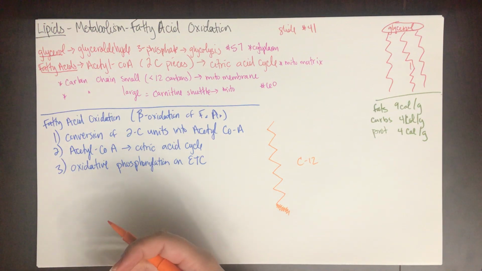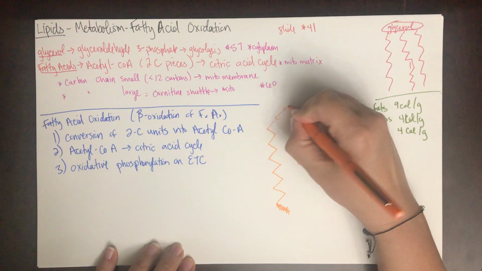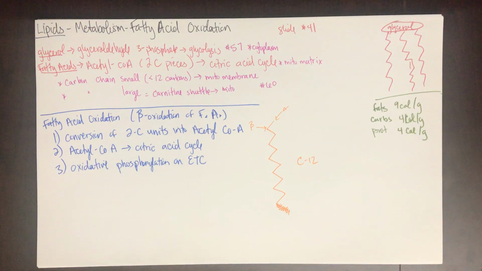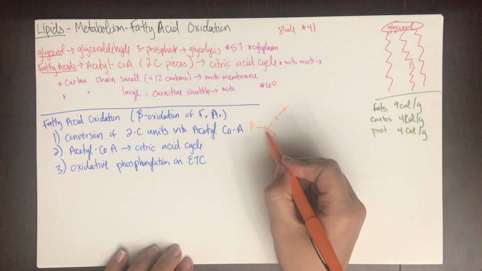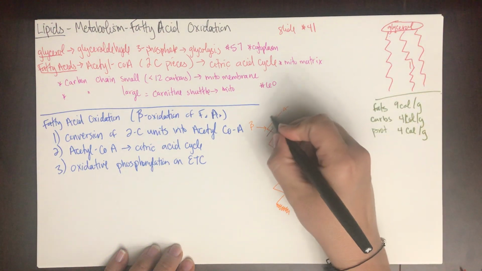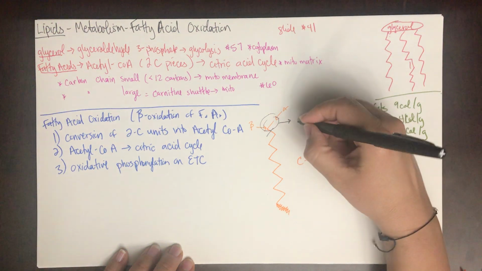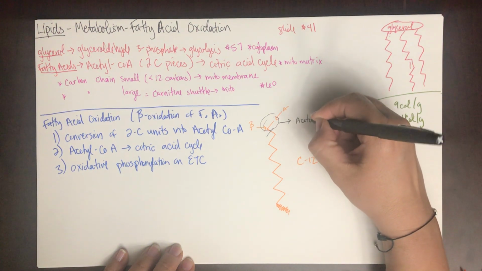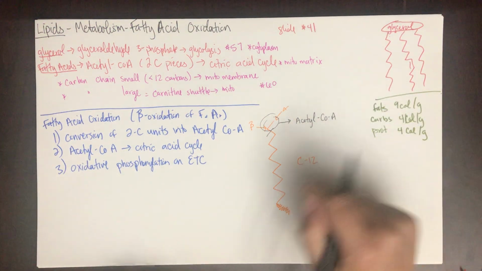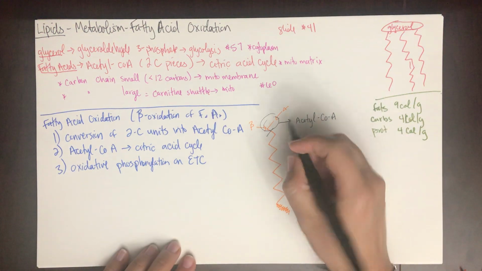So what happens is, if this is the first carbon, this right here would be the alpha carbon, this right here would be the beta carbon, and then it goes all the way down. So this piece right here would be cleaved, and now this 2 carbon piece is going to go off to be converted into acetyl-CoA. A CoA would be added, and then it would go on.